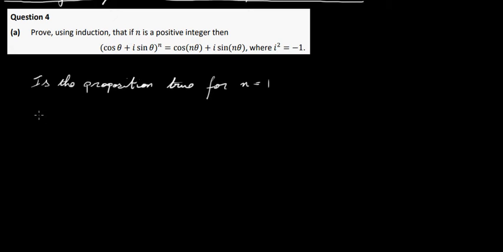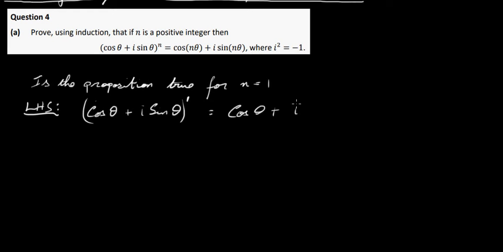So let's look at the left hand side first. The left hand side here is just this part here. So in other words, (cos theta plus i sine theta) all to the power of 1 will give us simply cos theta plus i sine theta. Now the right hand side, on the other hand, is this part here.